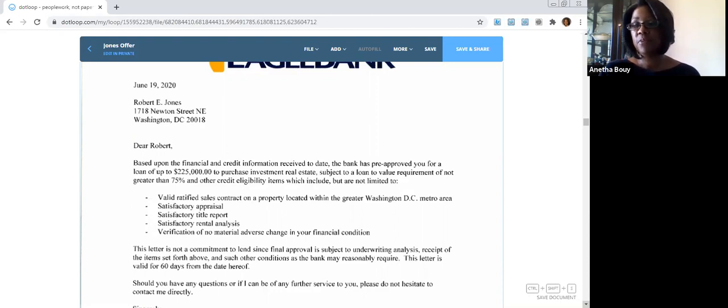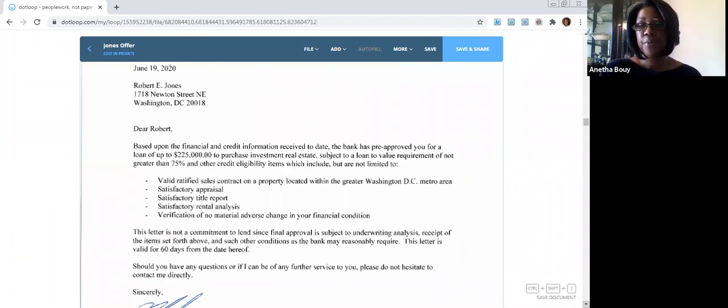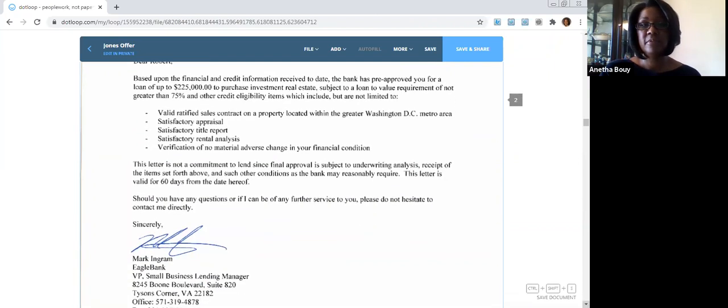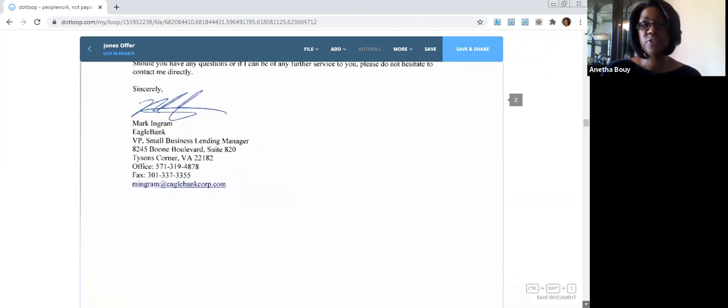Okay. And then you might want to ask them some additional questions, because Mr. Jones, in the template, in the synopsis above, identified that this was a conventional loan, but nowhere on this letter does it state that it's a conventional loan. And so that's maybe something else that we want to ask the lender, just to confirm that this is in fact a conventional loan.